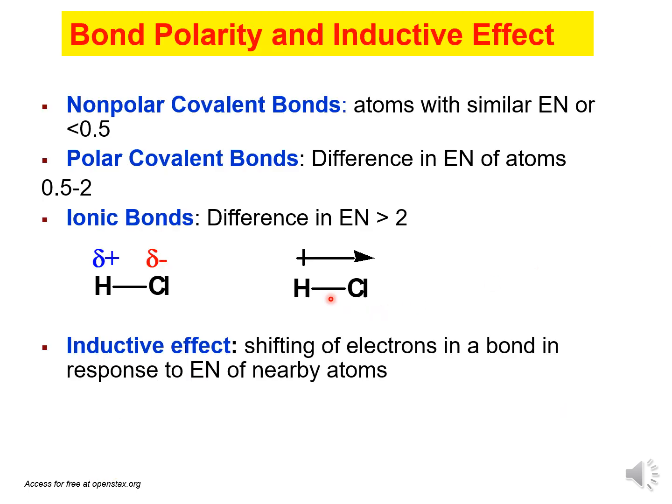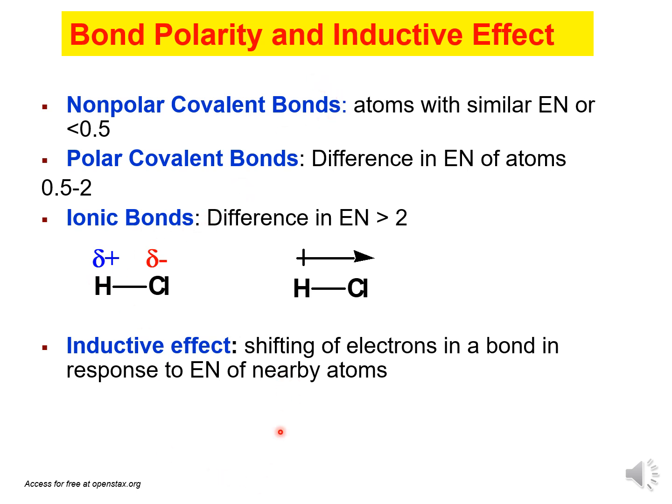Now, how will we know whether a bond is polar covalent or not? For that, we will use a simple scale. From the table, you can look up the electronegativities, and if the difference in electronegativity between the two atoms that form the covalent bond lies in the range 0.5 to 2, then that would result in a polar covalent bond. If the difference in electronegativity is less than 0.5, it will be a non-polar covalent bond.